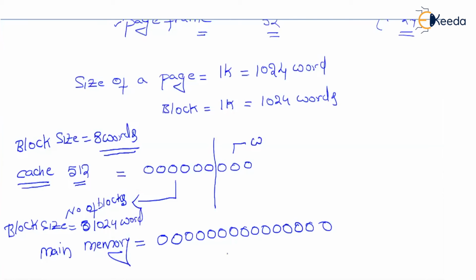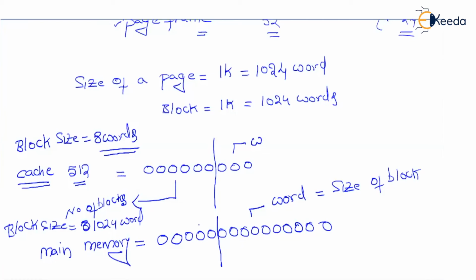So this total 15-digit address length will be divided into the least significant 10 digits, 1 to 10, which is going to give you the word field, which is equal to the size of the block.